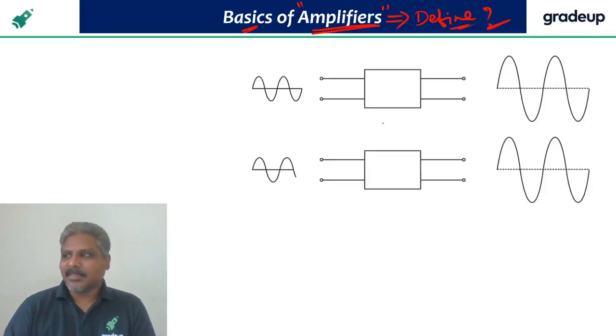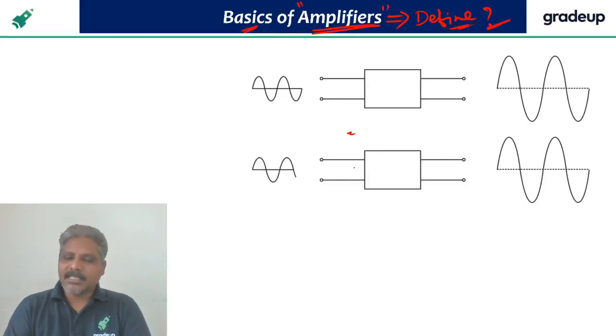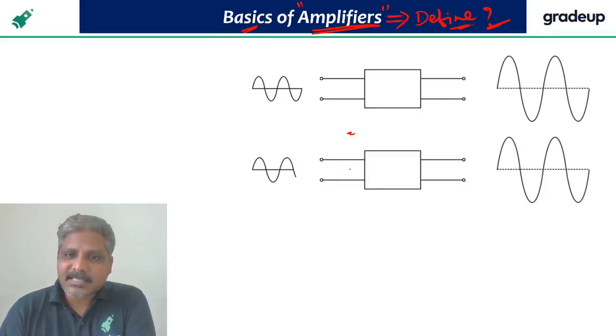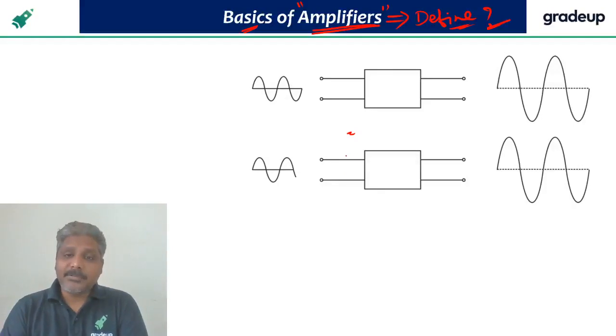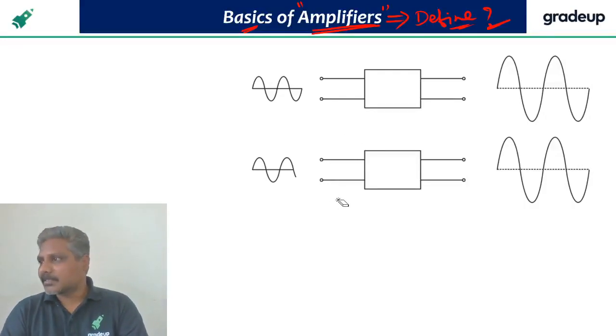To exactly understand what an amplifier is, many students have many definitions: increases the signal, voltage increases, current increases, strengthens the signal, amplitude increases, amplifies. Different definitions are there for an amplifier.